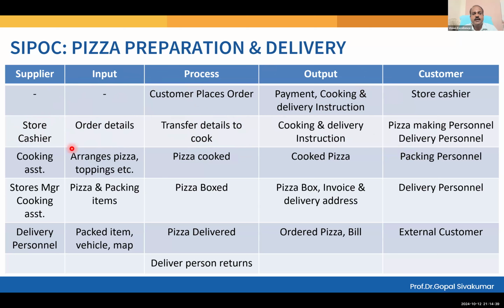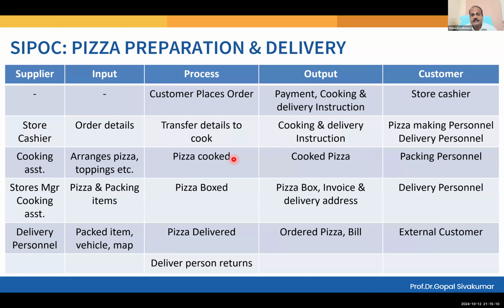He will provide all the order details so that he himself can pass on the details to the chef as well as the delivery boy. Now, as far as the second step is concerned, who is the process owner? Store cashier is the process owner. He is responsible now, and as supplier, he himself is the supplier. The chef is the customer and the delivery boy is the customer. Yes or no?